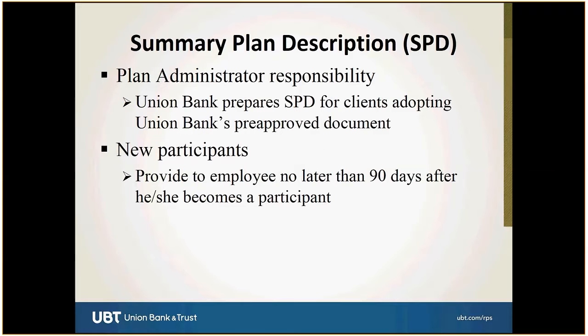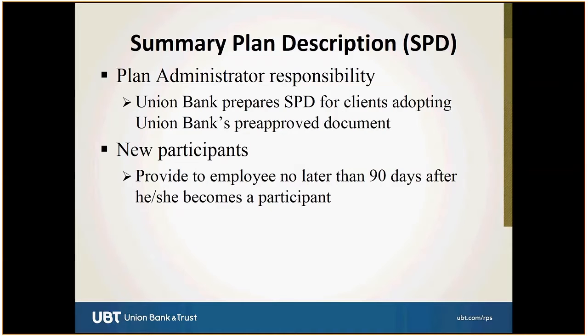Summary plan description. It's a plan administrator responsibility.